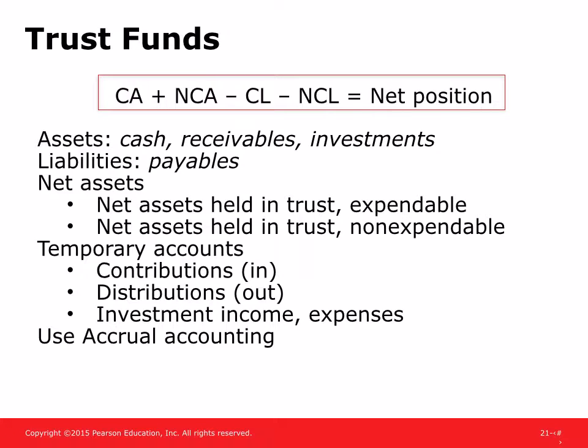You see within the net asset categories the assets held in trust that are able to be spent versus the assets that are not able to be spent. And then you have some different temporary accounts that would be used as well. Again, this is a reflection of accrual accounting, so it would be very similar in the accounting at least as a for-profit business.